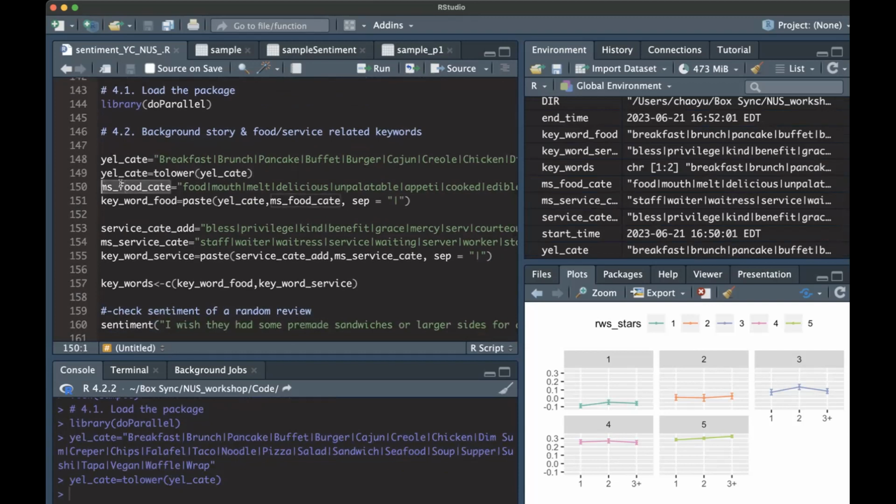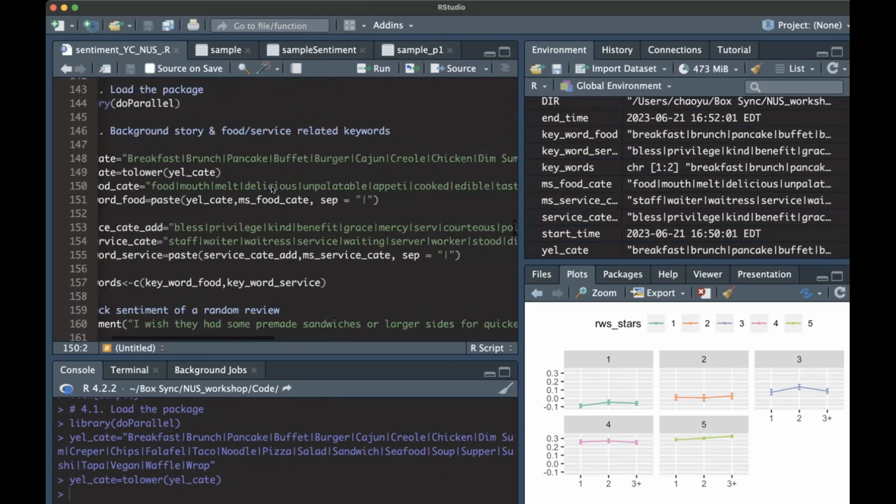And here the MS Food Cat simply refers to the food-related keywords from a previous manuscript, a paper published in Marketing Science. That's why it's called MS.